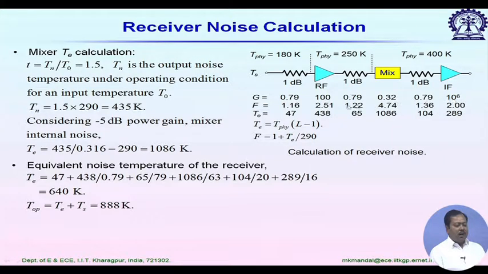Now once we have all these values, either the noise factor equation or the temperature TE equation, any one of them can be used. For example, in this calculation we are considering the equation for the equivalent noise temperature of the receiver.